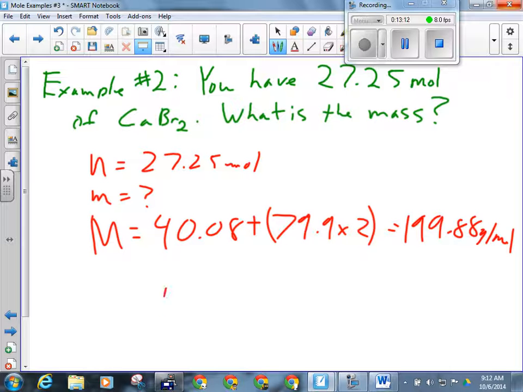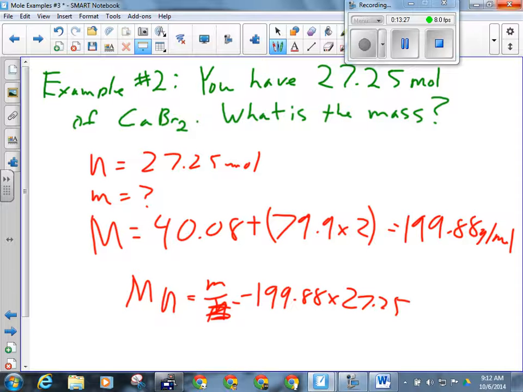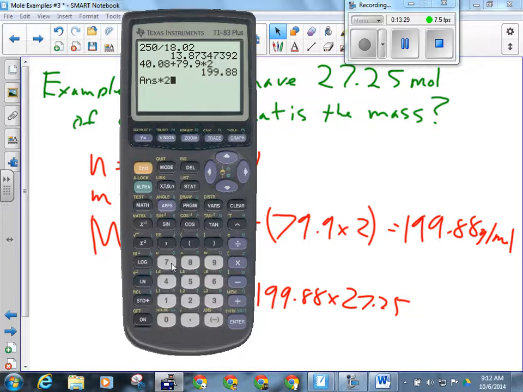On this one, you have to do a manipulation. n equals little m over big M, and we're trying to solve for little m, so we multiply both sides by big M and plug in our numbers: 199.88 times 27.25 moles, and we got 5,446.73 grams. Questions on that one? If you don't have units, unfortunately, you will lose a mark because your answer will be meaningless.